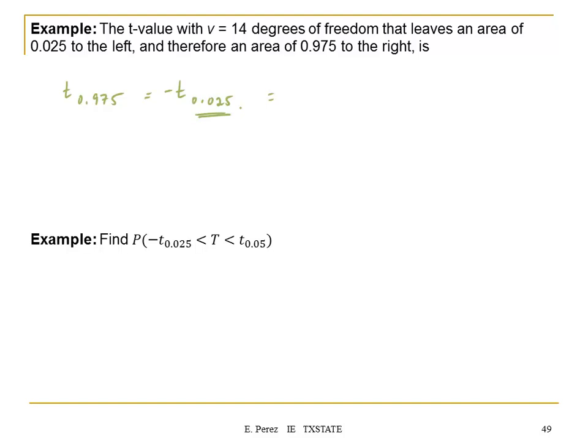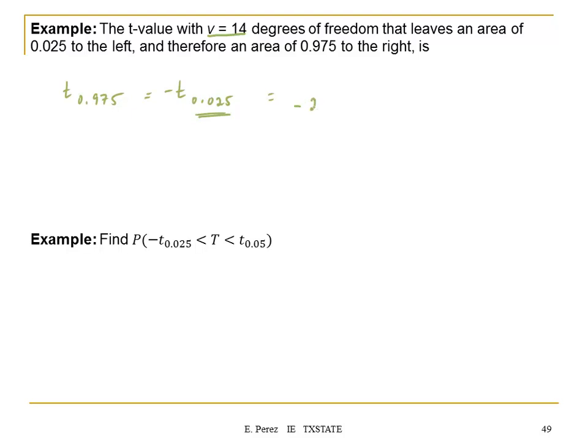So if you have 14 degrees of freedom and a probability or alpha equals 0.025, what will be the t-value? It is minus something.